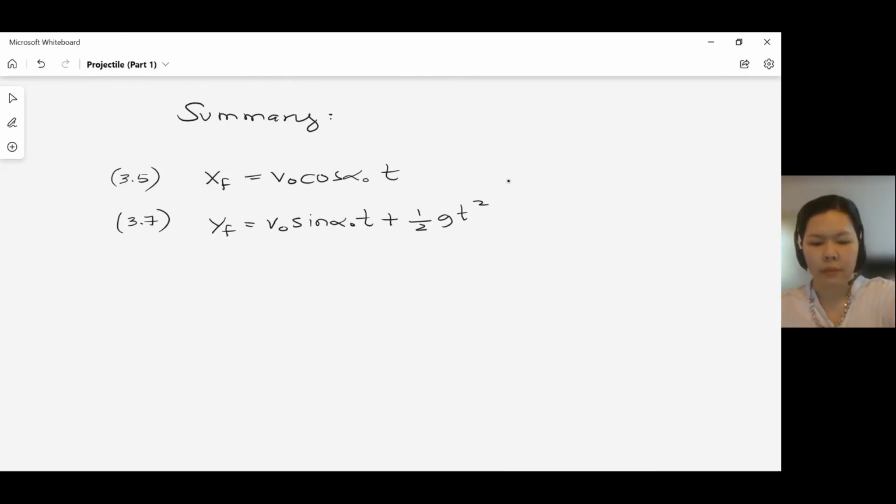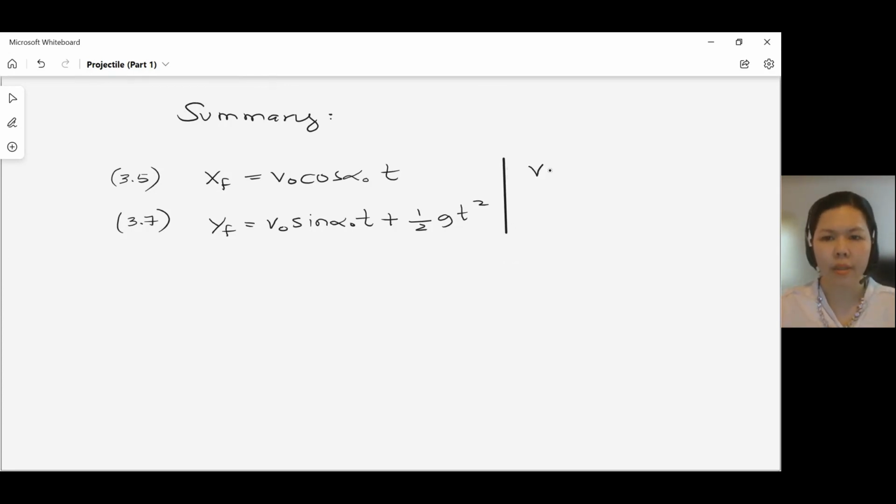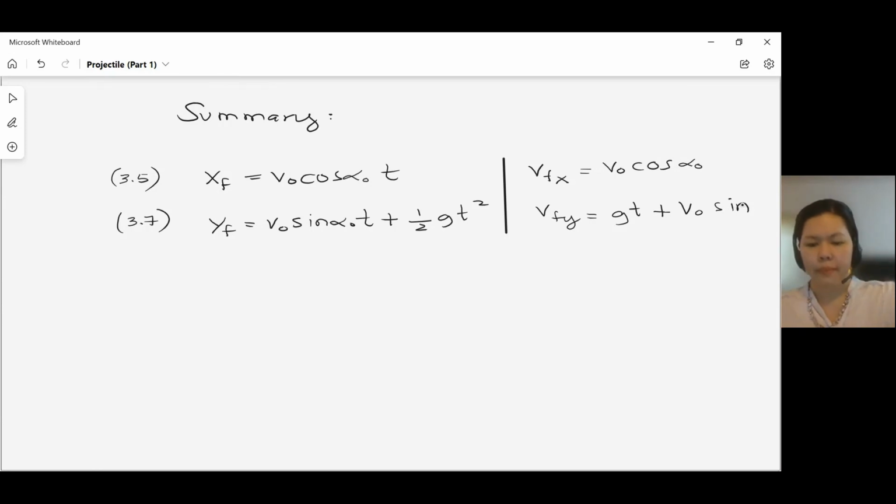And the velocity v final along the x is v naught cosine alpha naught. And along the y, the final velocity along the y is our gt plus v naught sine alpha naught.